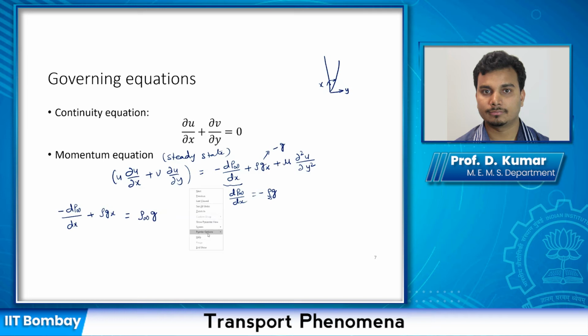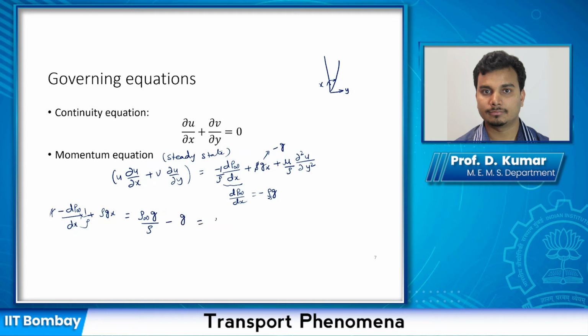If you do that, then you will have minus 1 by rho here, and then this rho will cancel out. Then this will be mu by rho, which is momentum diffusivity, that is nu. So rho infinity g by rho from there, minus rho will cancel out, so you will have minus g.